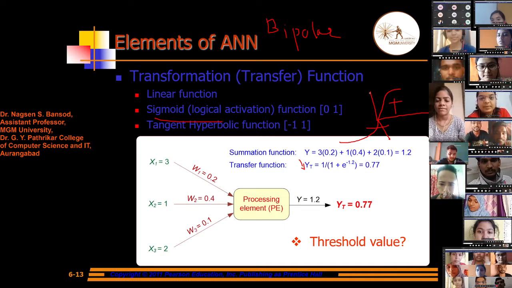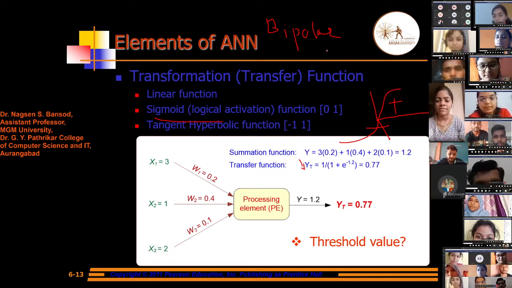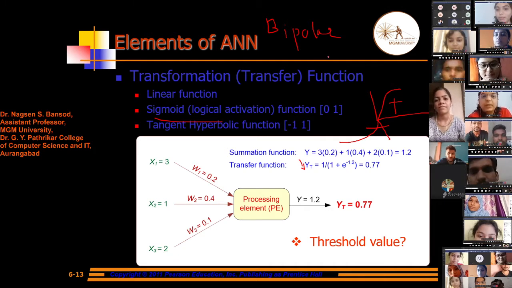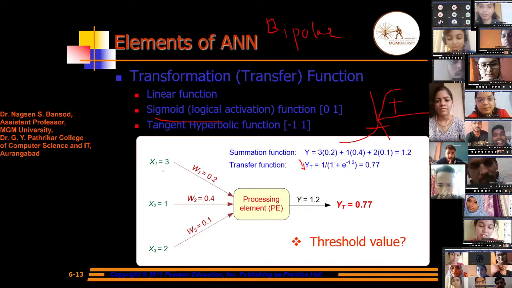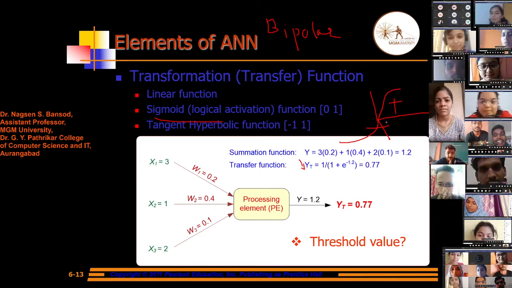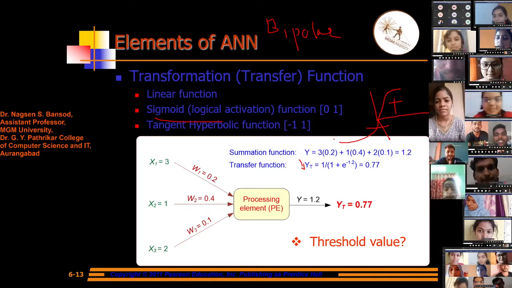When our data is in two poles, negative and positive, to classify this data we have to use the bipolar sigmoidal activation function. We can also use the tangent hyperbolic function to classify negative and positive data.